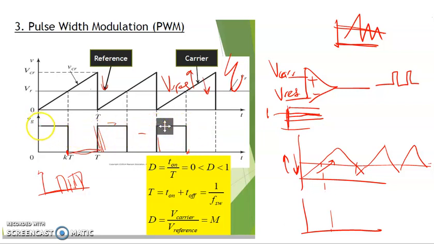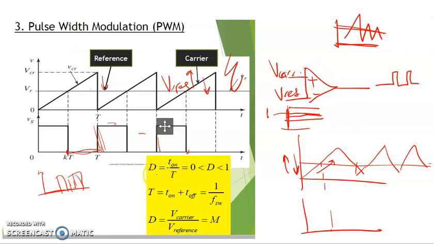The gating here will produce the pulses, and the pulses will be delivered to the gate, the signal input pin of the power switch.